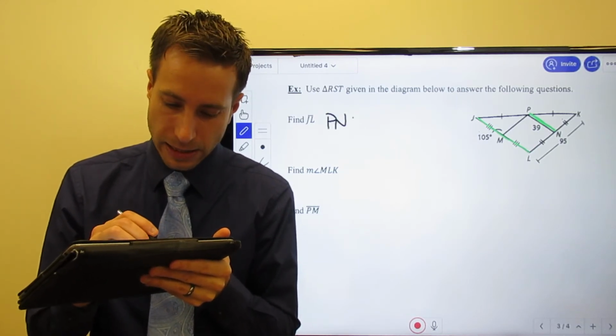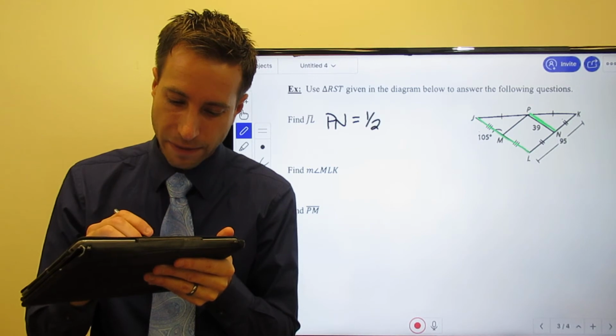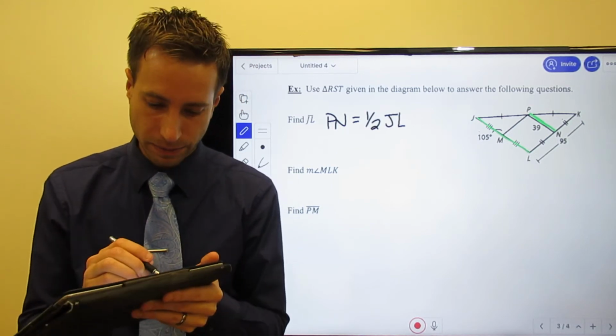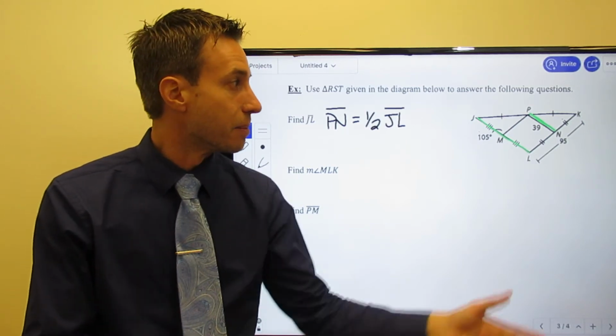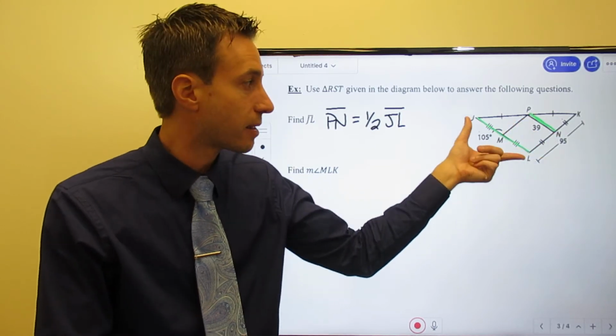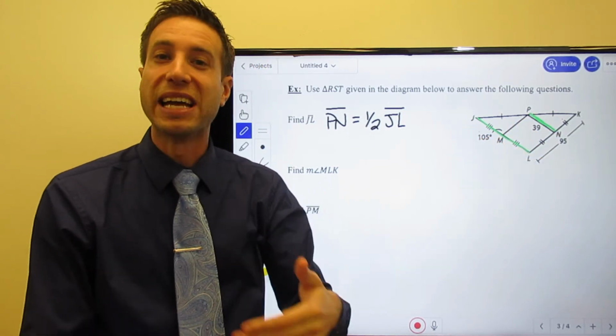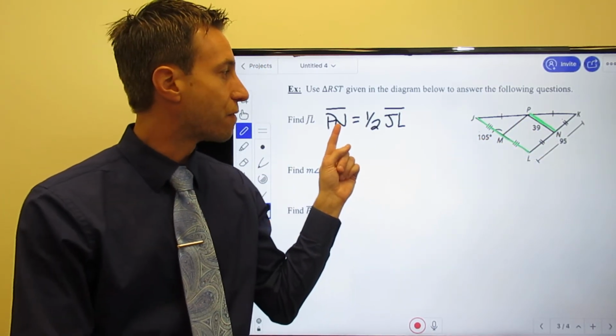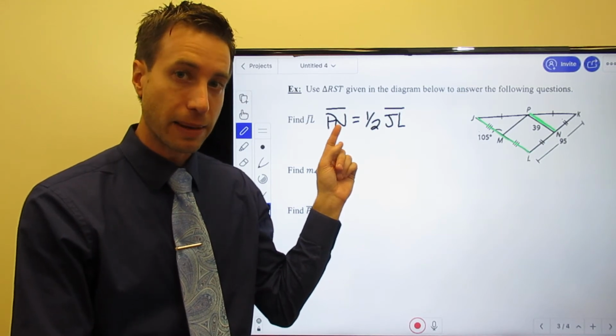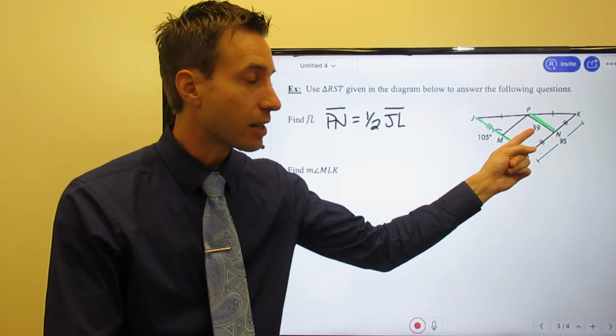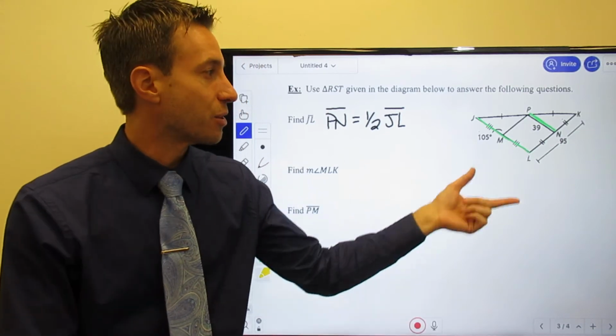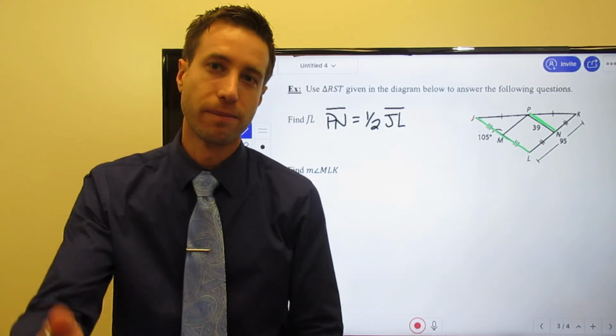PN is equal to 1/2 JL. That's our property. The mid-segment is half the length of the third side. In this case, rather than have you find the length of the mid-segment, which I already gave you, it's 39, I'm asking you to find the length of the third side.